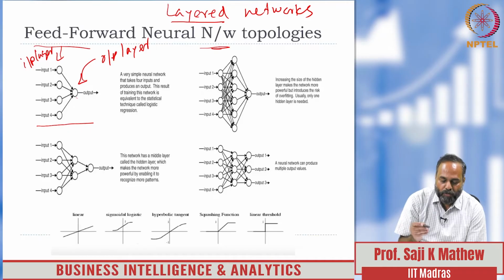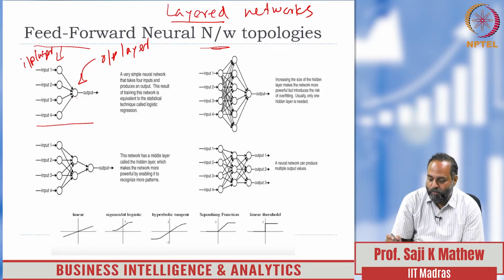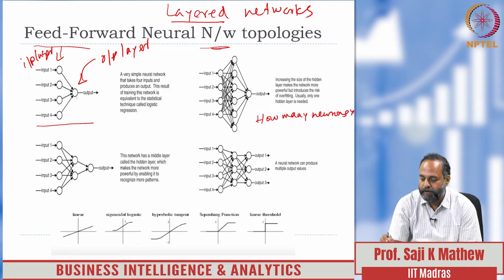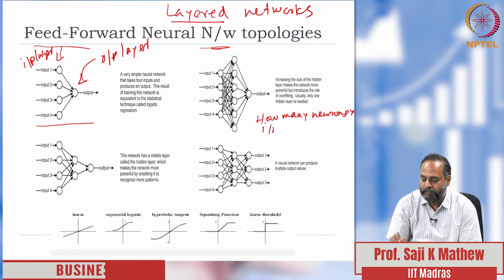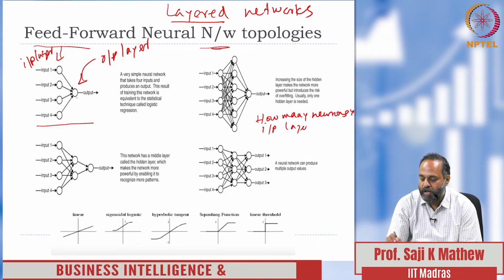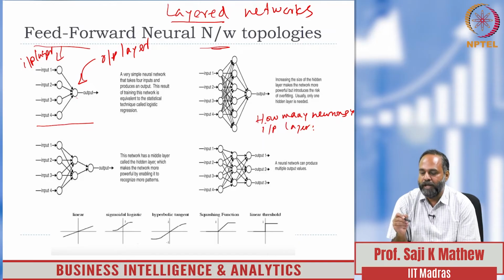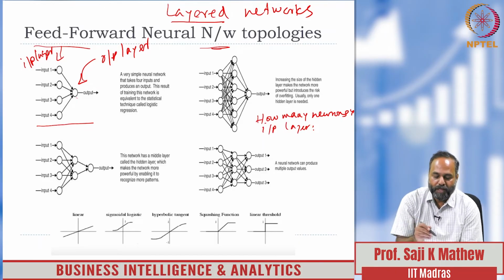Now, question number 1. How many neurons in the input layer? This is a design question. How do you design neural networks? How many neurons in the input layer? Here 4.